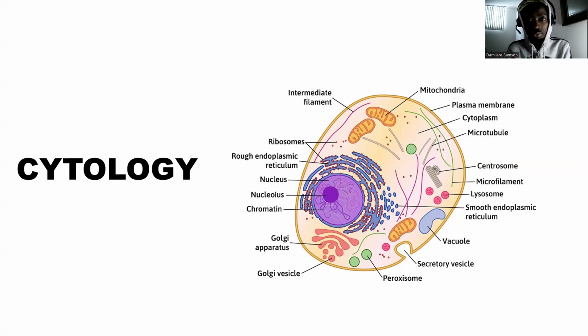So cytology is the study of cell. We've done embryology, we've done mitosis and meiosis, which is cell division. We've done microscope, and here now is the cell. If you look at it, every one of those topics is still around each other, so it makes you understand every topic very well.